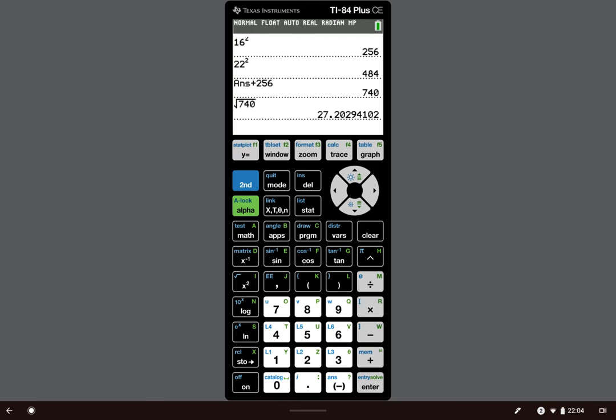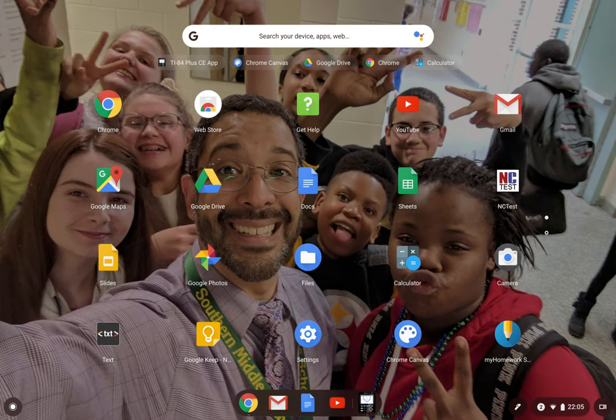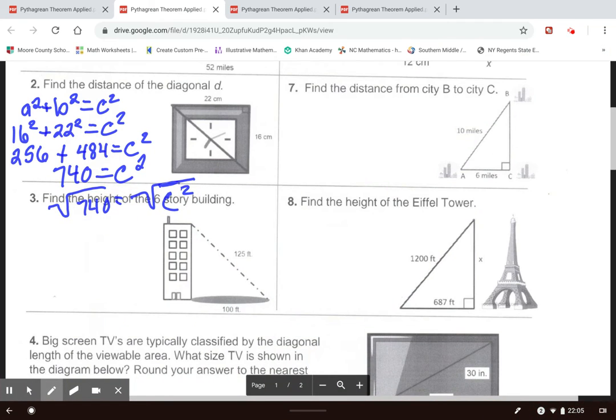I get 27.20294102. So again, the 2 is in my tenth position. I look next door. There's a 0 that is no more than 4. So we shut the door and we just write 27.2 as our answer. All right, so that's going to be your answer for number 2.